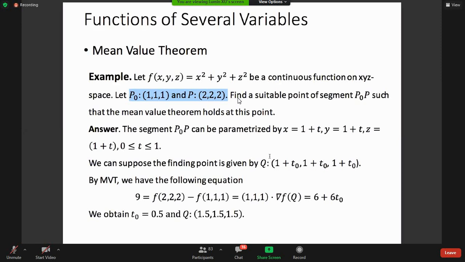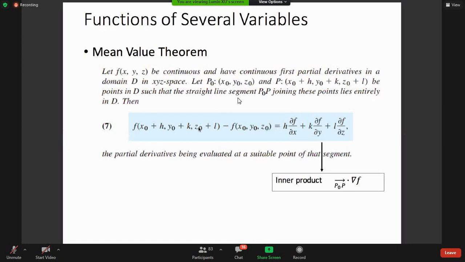So we would like to find out the point Q. Q is represented by this. Right. Then we would like to find out which t0 can make the left part and the right part equal. So we can first look at the left part.